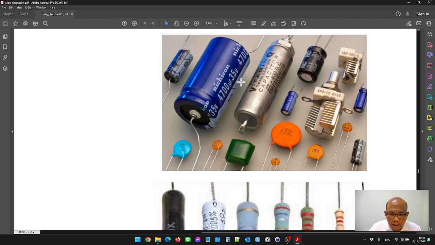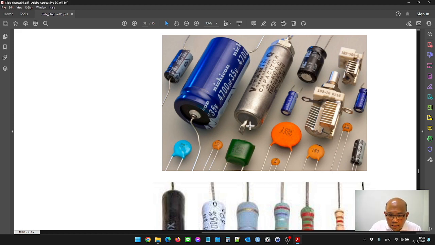This side is the negative polarity, and here is the positive polarity. When you install the capacitor on the motherboard or circuit, please make sure the polarity is right. If you install it with the wrong polarity, the electrolytic capacitor may be broken or burned.